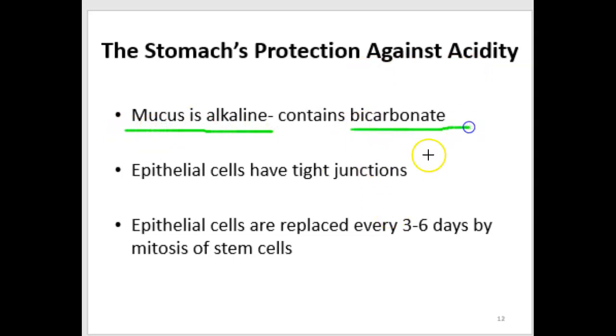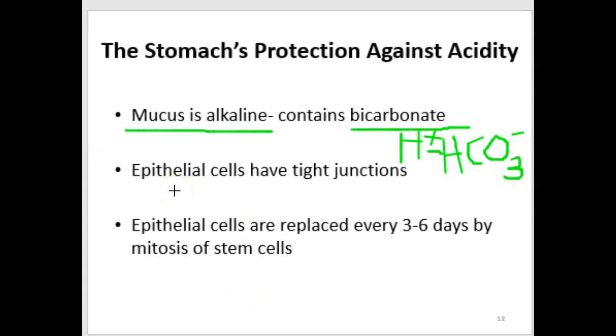It contains bicarbonate ions, which, if you remember, the chemical formula is HCO3 negative. It's an anion. And so it can bind with a proton, which is a hydrogen ion. And of course, those parietal cells are busy making a lot of hydrochloric acid, which contains a lot of hydrogen ions. So the mucus is able to neutralize those hydrogen ions.